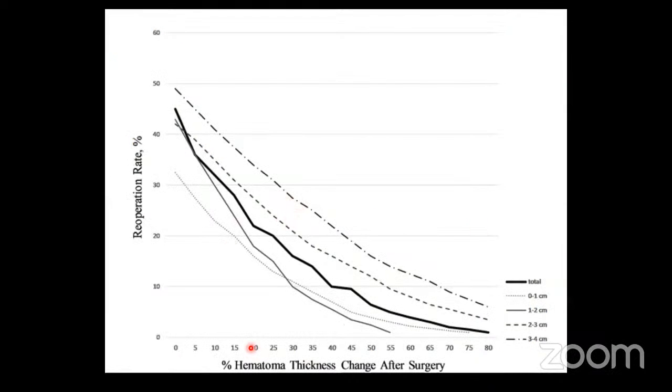And there are so many factors which determine the rate of recurrence, in which the percentage of reduction in hematoma thickness is the most important factor. For example, we can see there's almost a 50% reoperation rate in patients with very little reduction in hematoma thickness. And when there is more reduction in hematoma thickness, the reoperation rate is low.